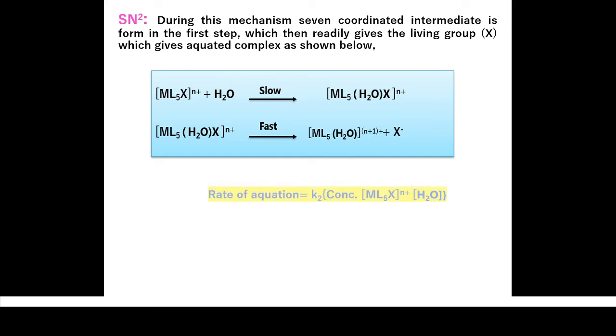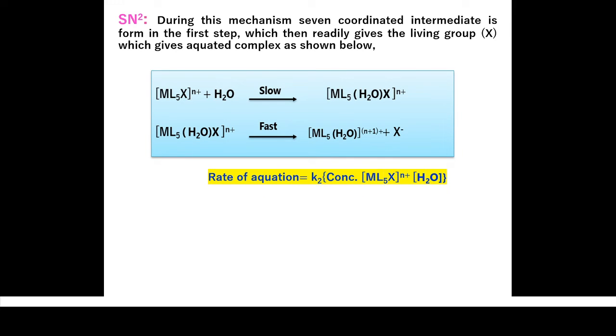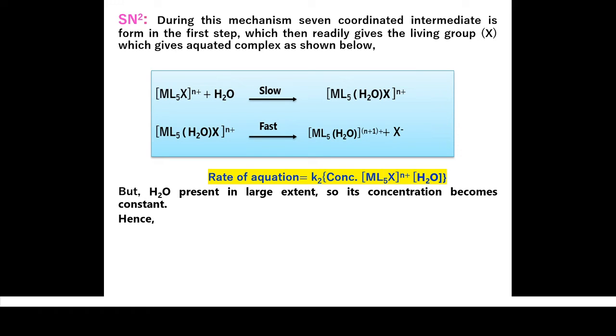Okay, so here we discuss the rate of aquation. Here the rate of aquation totally depends on the concentration of this complex or substrate and the concentration of the water molecule. But here H2O is present to a large extent, so its concentration becomes constant. Hence the rate of aquation is equal to K2 times the concentration of ML5X^n+.